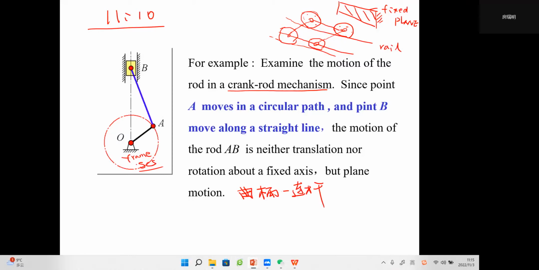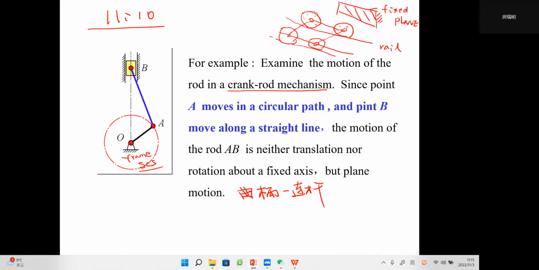It's the Earth's ground, it never moves, it's fixed, right? So this AB connects with crank OA here with this pin, and connects with another slider, this yellow slider at point B. So it does not connect with the frame directly. So we call that the connecting rod.